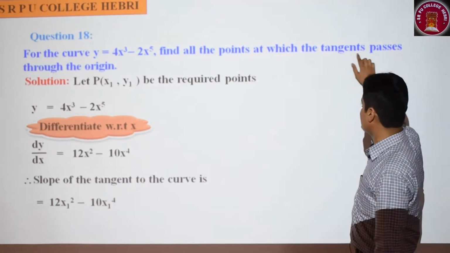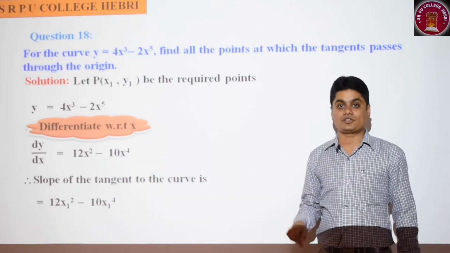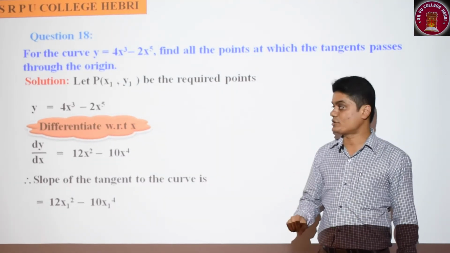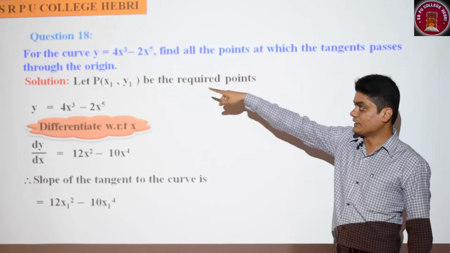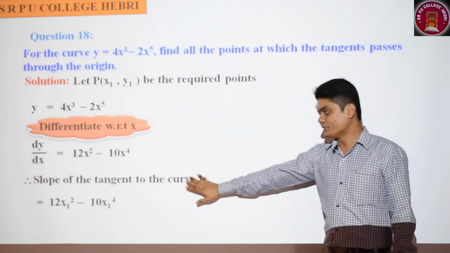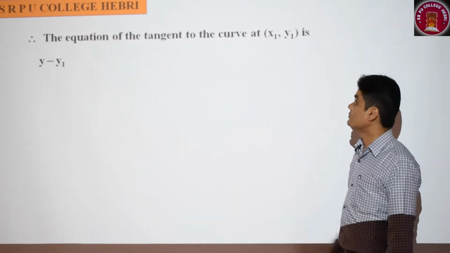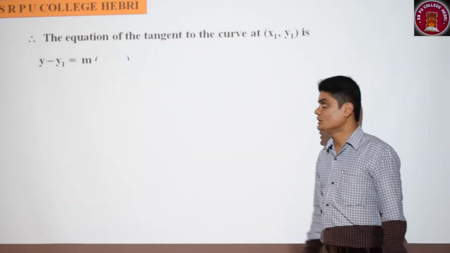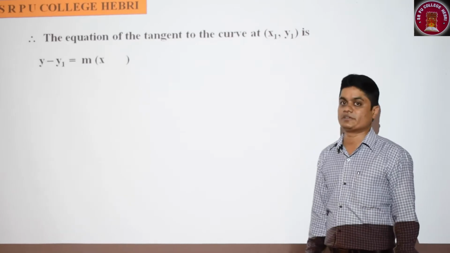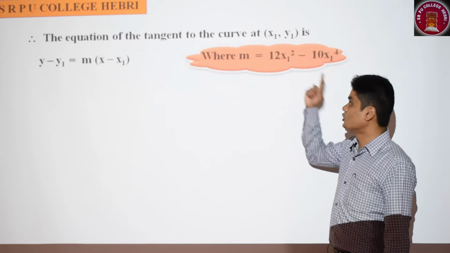Now to use the condition that the tangent passes through origin, first of all you have to obtain the equation of the tangent. Then only can we use that the tangent passes through origin. With the slope and the point, easily you can write the equation of the tangent, using slope point form: y minus y1 equal to m into x minus x1. What does m represent? The slope of the tangent.